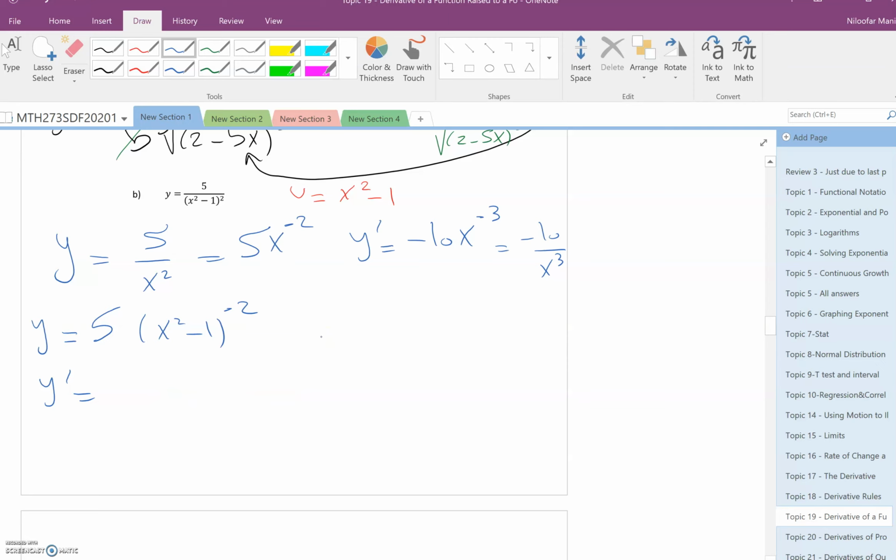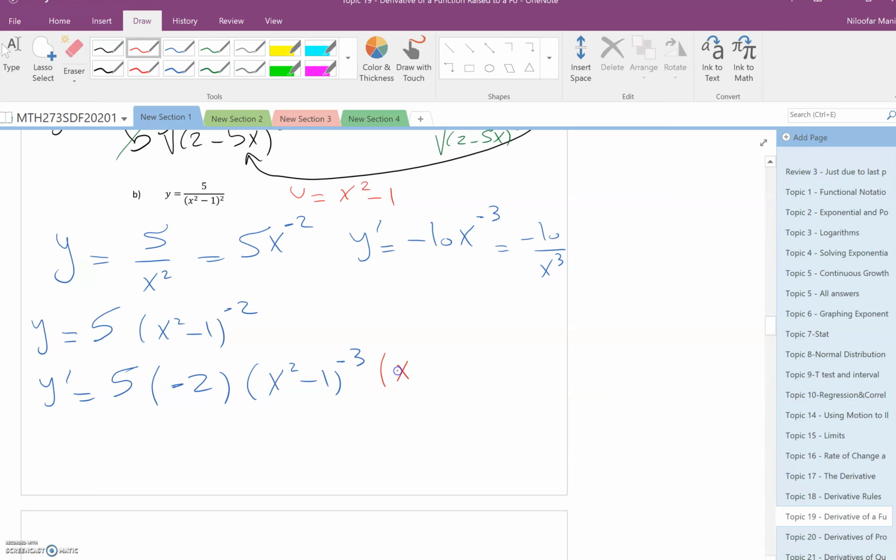So I think this way. It's 5 instead of x power minus 2, I have something else power minus 2, right? So I have to do 5 times minus 2, right? Times x squared minus 1 power minus 3. So instead of x power minus 3, now I do something else power minus 3.